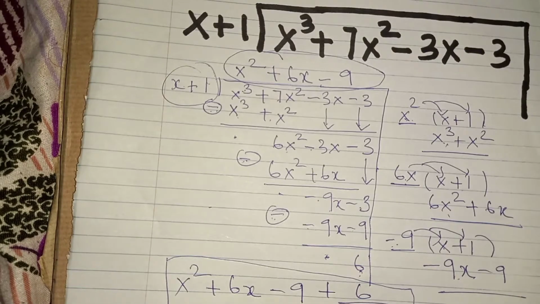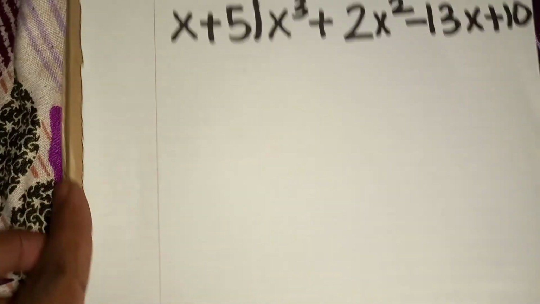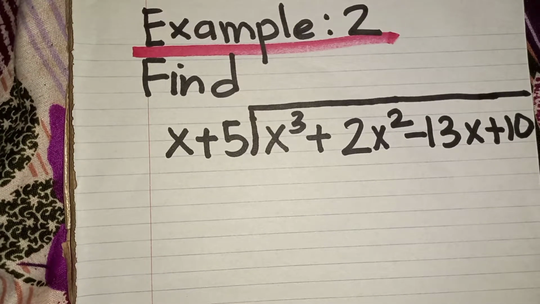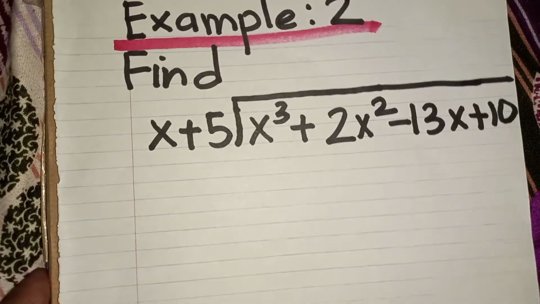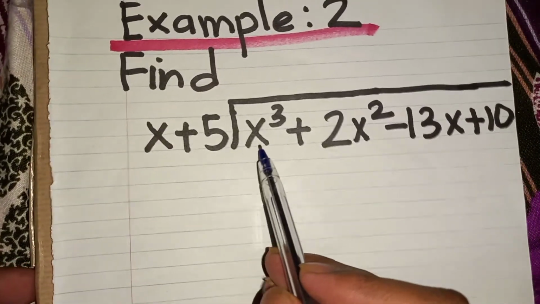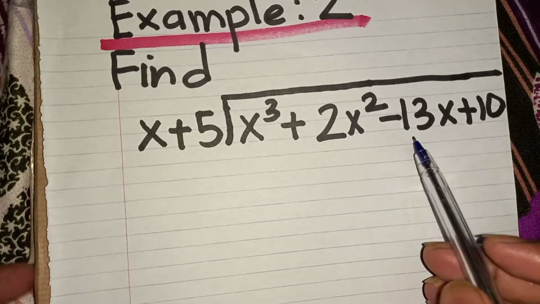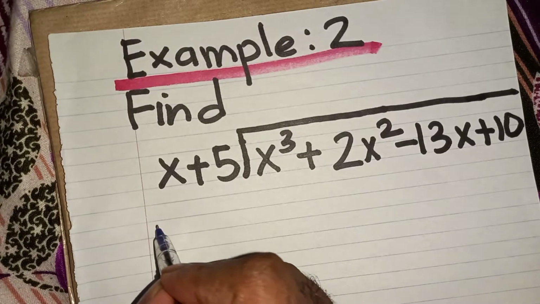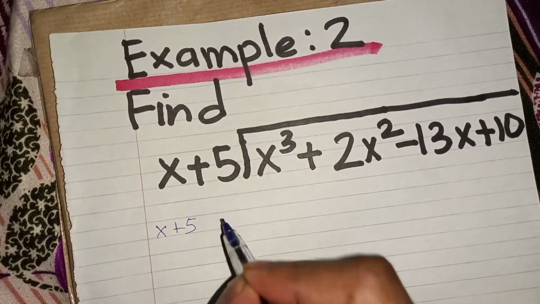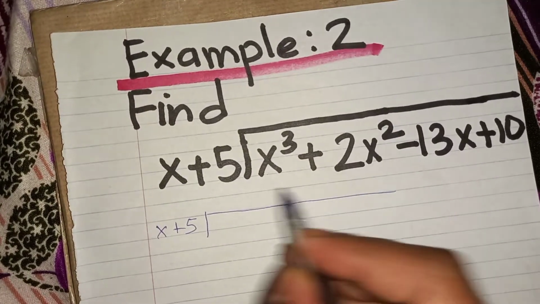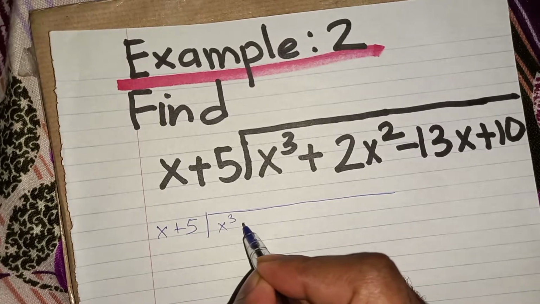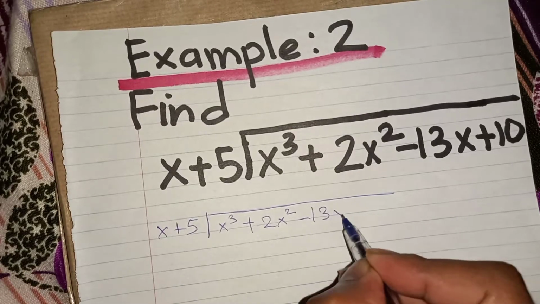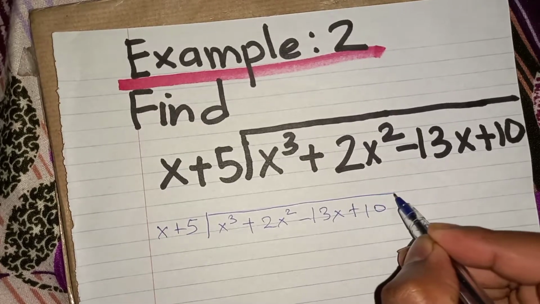Let's do another example. This time you have x plus 5, and the polynomial you have is x cubed plus 2x squared minus 13x plus 10. So we're going to write this again, x plus 5, and your polynomial is x cubed plus 2x squared minus 13x plus 10.